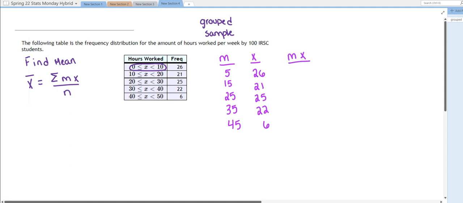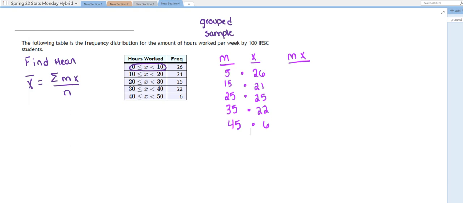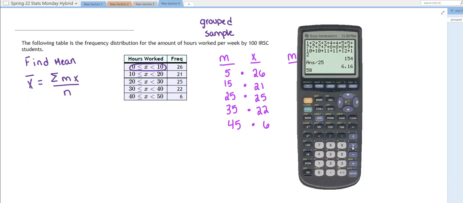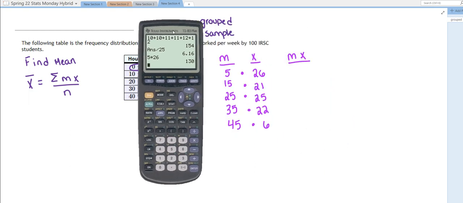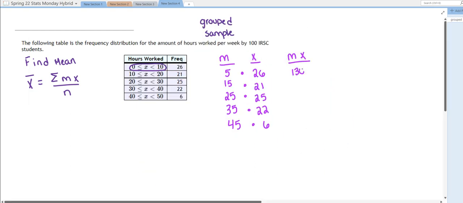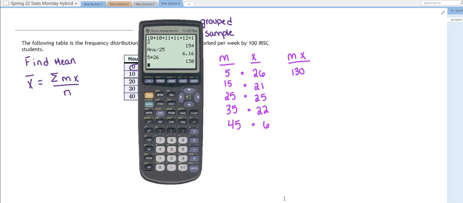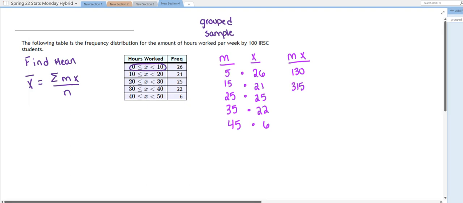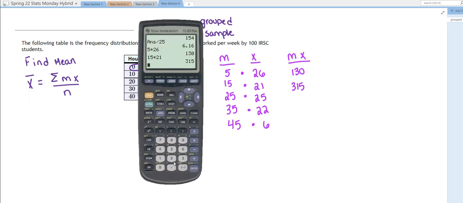We're going to do midpoint times the frequency, so we're just multiplying these columns. 5 times 26 gives us 130. 15 times 21, 315. 25 times 25, 625.